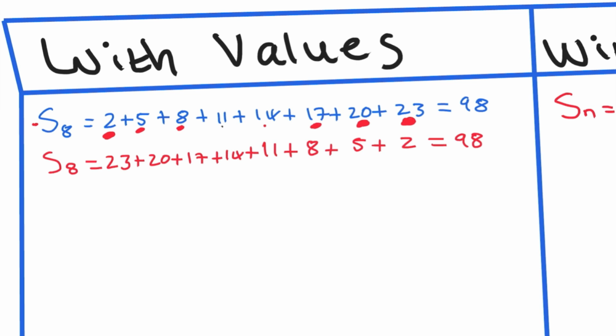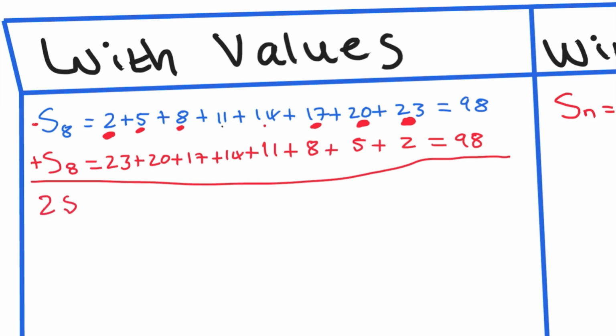And the third step is to add the two sequences now, or the series. So I'm going to say plus here, which means I'm going to say S8 plus S8, which is going to be 2S8 is equal to. Now 2 plus 23, 25. 5 plus 20, 25. 8 plus 17, 25.